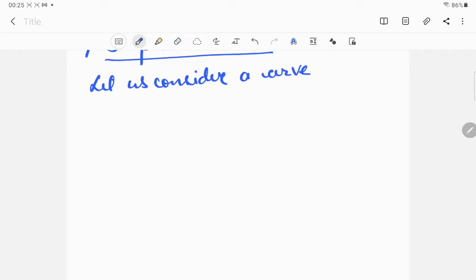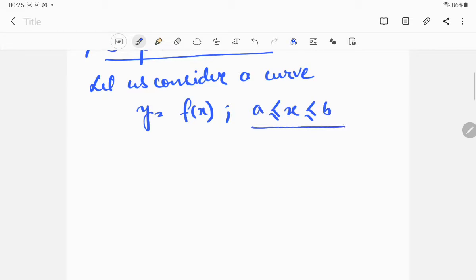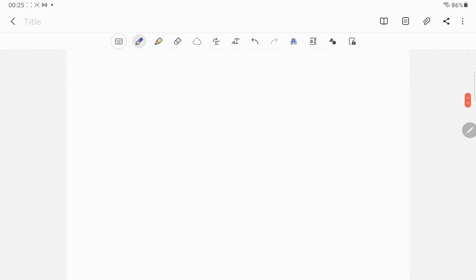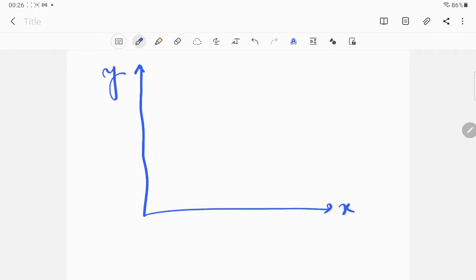a curve. Let us consider a curve, and it is given by y equal to f(x). Okay, and where x lies between a and b. This is very important. Okay, so now if I want to represent it, this is the x-axis, this is the y-axis.